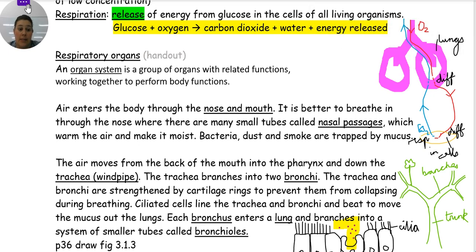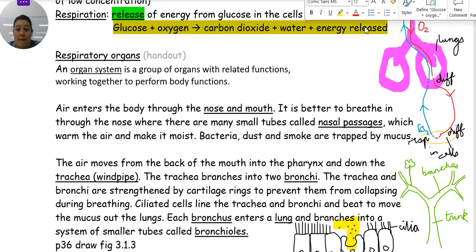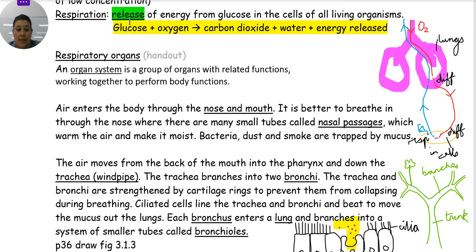So this process, respiration, is the release of energy from glucose in the cells. It happens in the cells of all living organisms. This is the word equation, just like the one for photosynthesis, you have to know this off by heart. If you're smart, you'll notice that it's actually the opposite of photosynthesis.